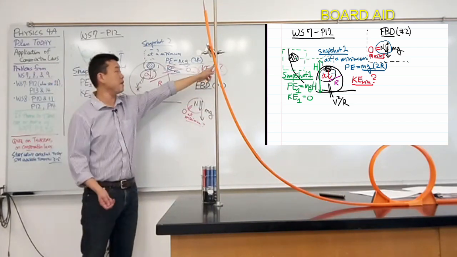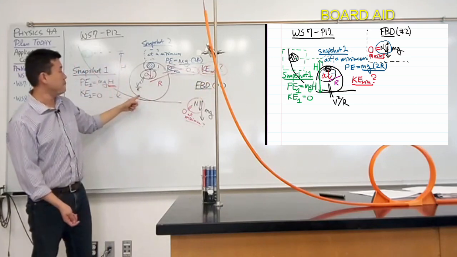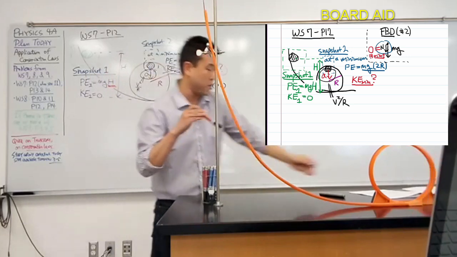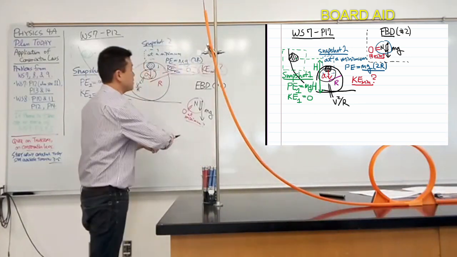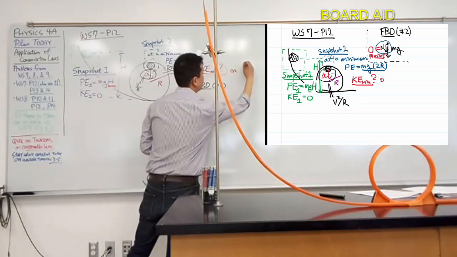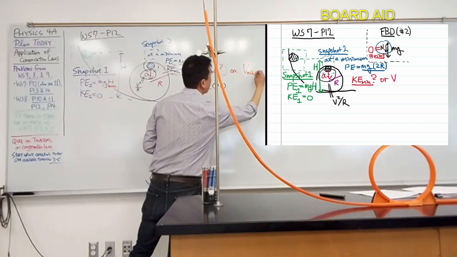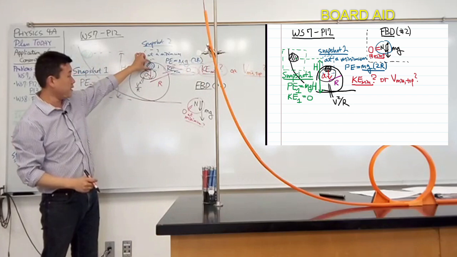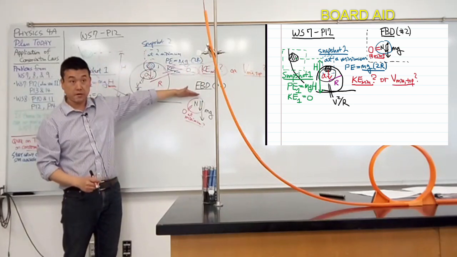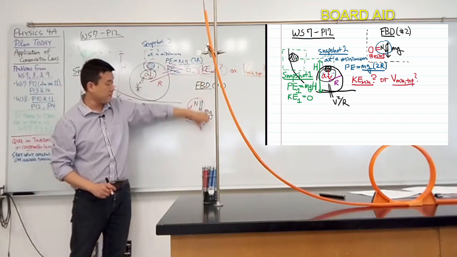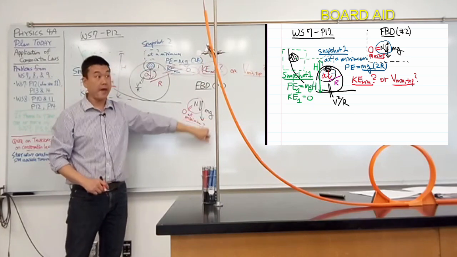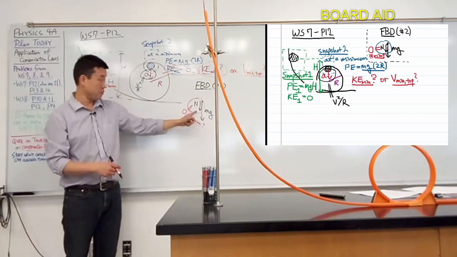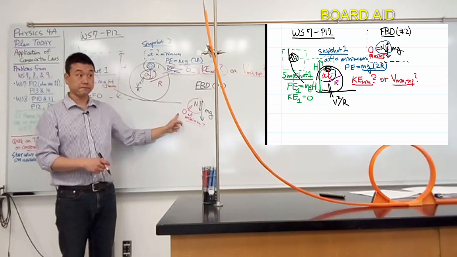It's a question of, can we answer this question? How much minimum kinetic energy does it need to have here? Or the equivalent version of the same question is, what is the minimum speed at the top so that the ball here is consistent with this picture, where it's accelerating downward at g, since the normal force will be 0.